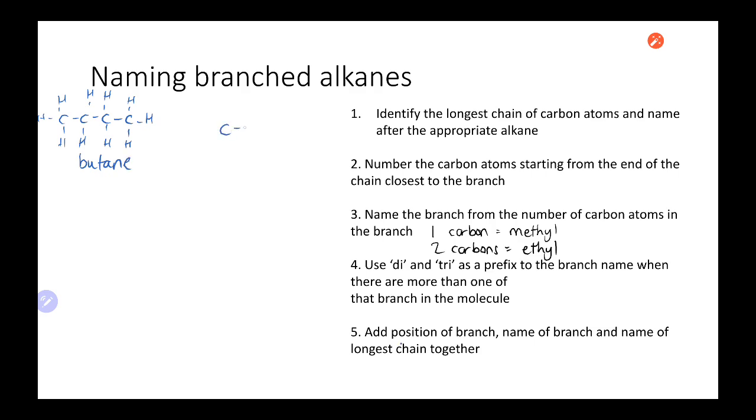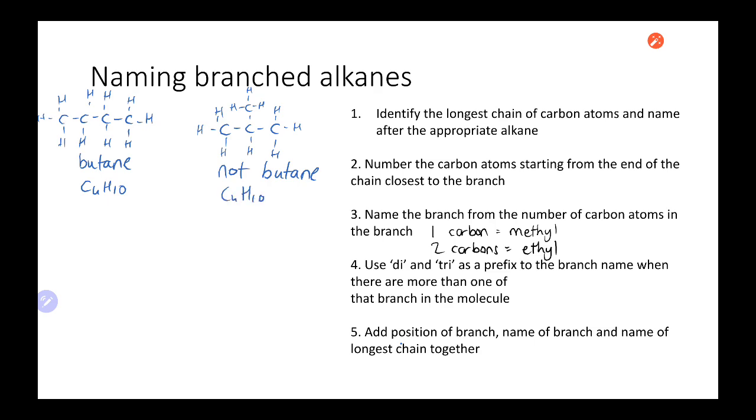But if I draw a similar structure like this, it's got 4 carbons in it, however, it's not butane, right? So these two things are completely different compounds, right? So they'll act very differently as well, even although they've got the same chemical formula. So the chemical formula for butane is C4H10, and it's the same for this one that's not butane as well.